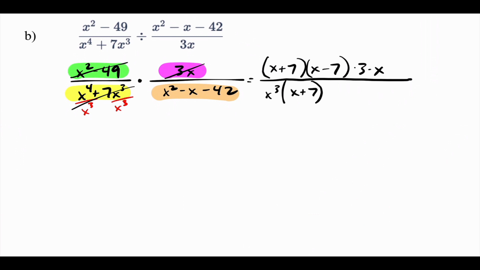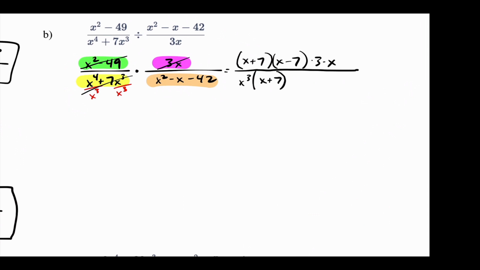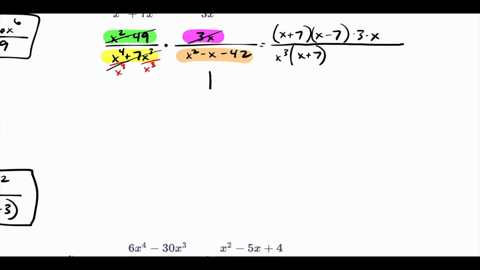The last one's the orange. The orange is a trinomial, so I have trinomial steps. GCF? No, it doesn't look like it's going to have a GCF, but I will be able to do ABC with it.